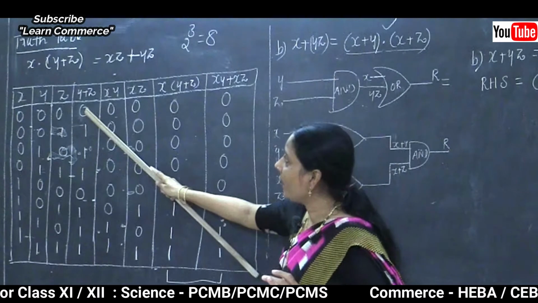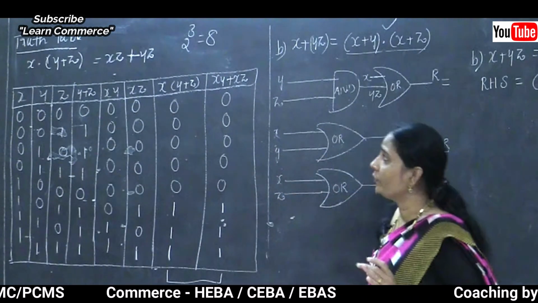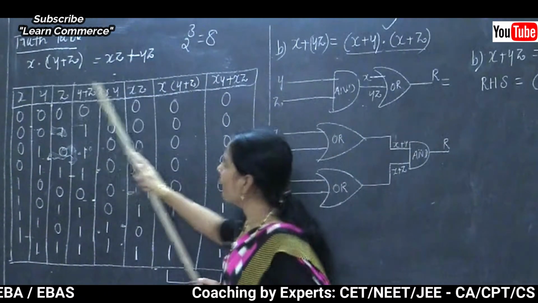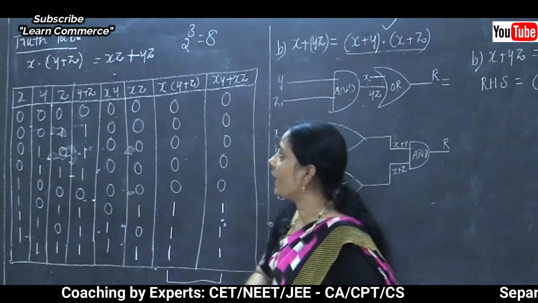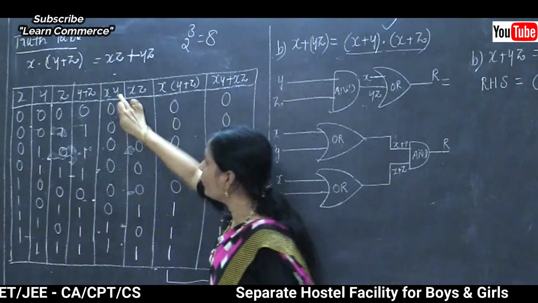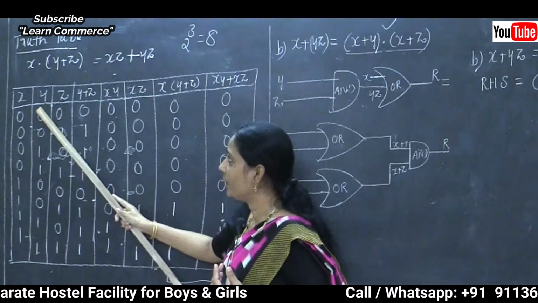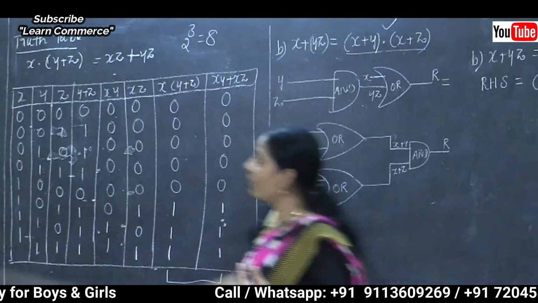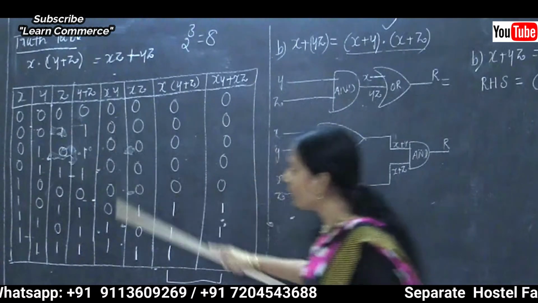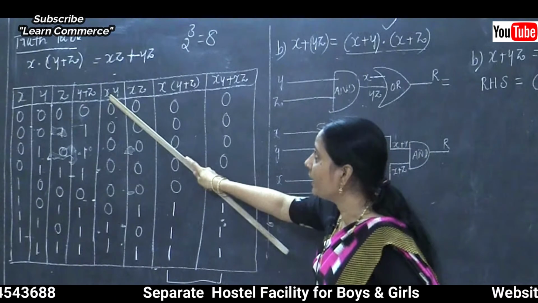After that I am going to take the next value, our xy value. Why? Because of x and y. Clear this point here? That means we are going to use multiplication, taking the first column and the second column to fill up the column xy.